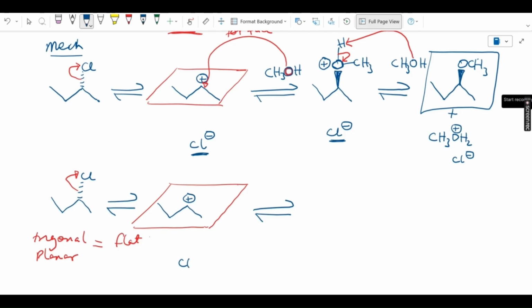So once the carbocation intermediate is formed, the methanol nucleophile, which is the weak nucleophile, can also attack the carbocation intermediate from the opposite side. It can do this attack because the carbocation intermediate is flat.